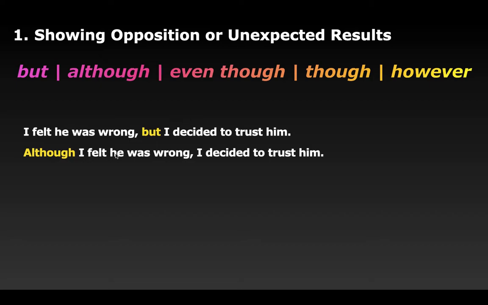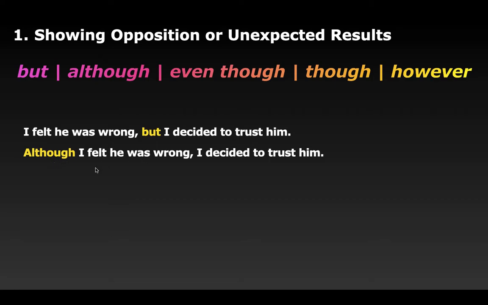So for but, we use it for the result. Look at this. I felt he was wrong. This is the main part of your sentence. And for the unexpected result, we used but. I felt he was wrong, that's the main part of the sentence. Not grammatically, okay? We'll get more to that later on.